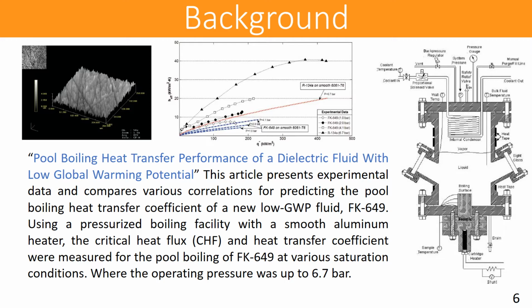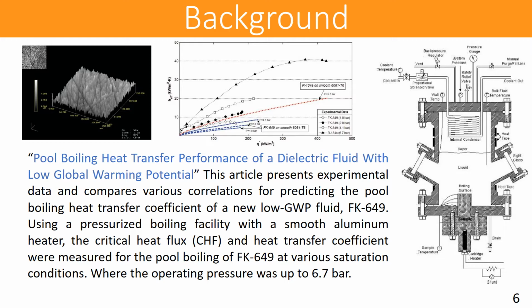Talking about similar kinds of projects, I cited this research work titled Pool Boiling Heat Transfer Performance of a Dielectric Fluid with Low Global Warming Potential. In this article, we can see the experimental data, which compares various correlations for predicting the pool boiling heat transfer coefficient of a new low GWP fluid, FK649.